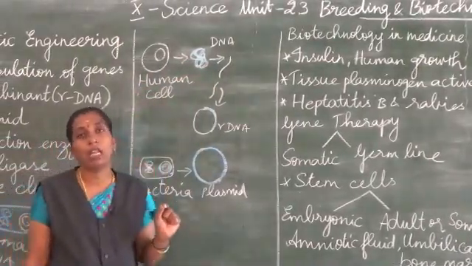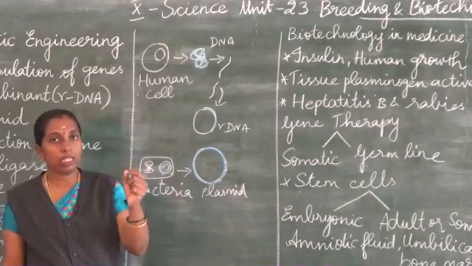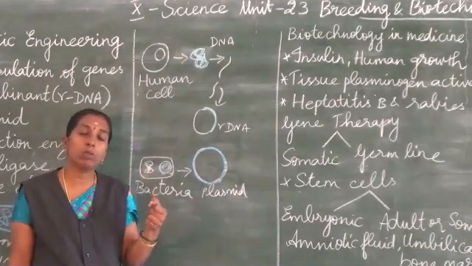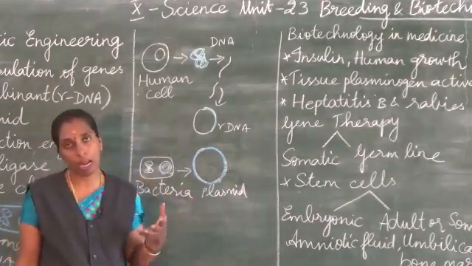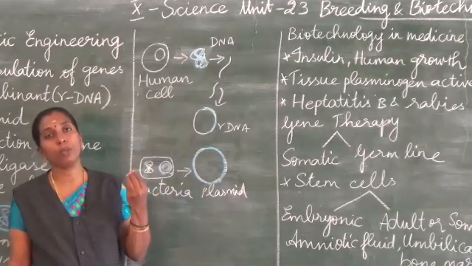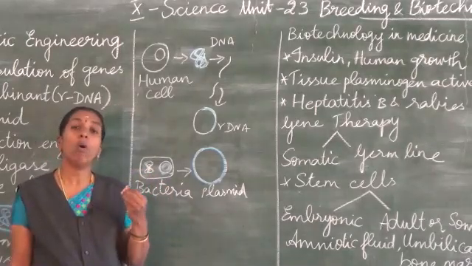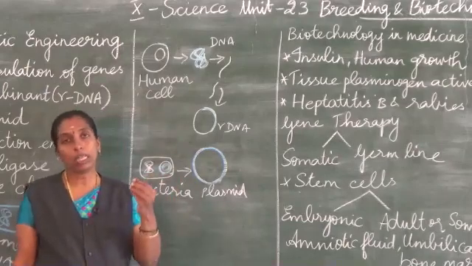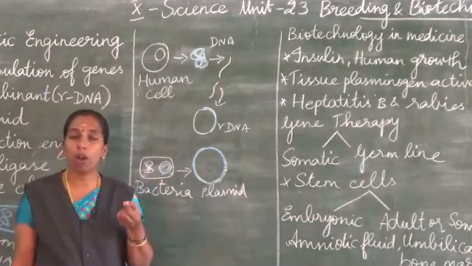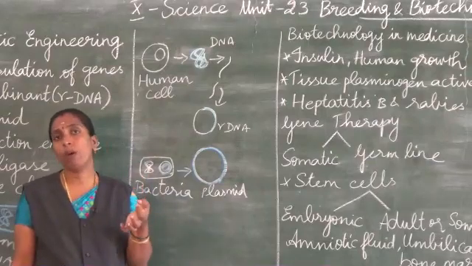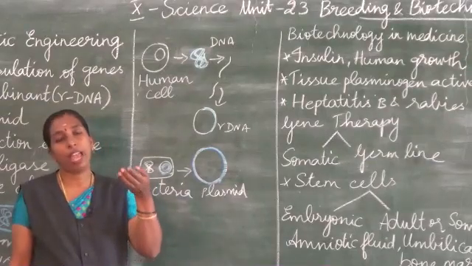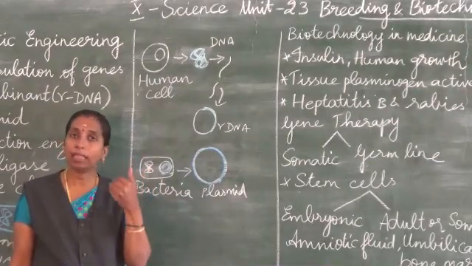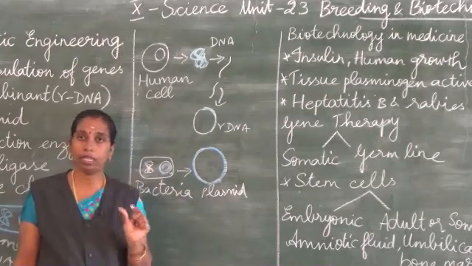You know that there are a number of genes and each gene is responsible for its own function. One gene may be responsible for protein synthesis, one for growth hormones. Each gene has its own function. Whichever gene we want, we have to collect that DNA.